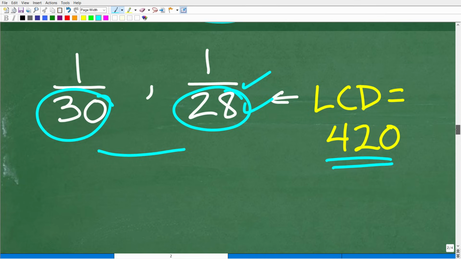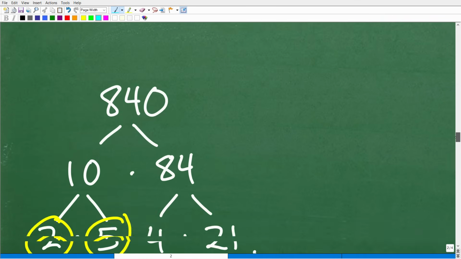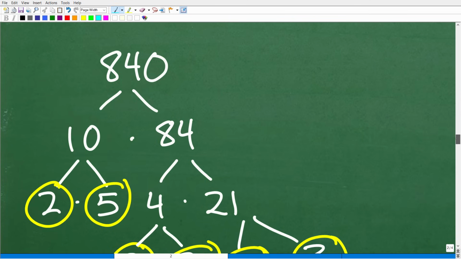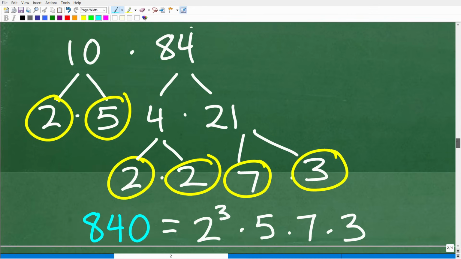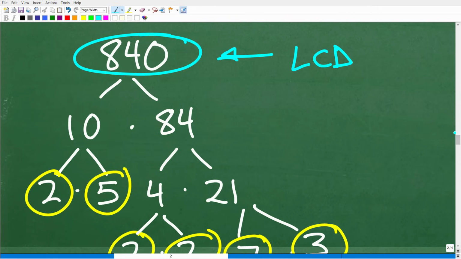All right, so what do we do? Well, we're going to have to go back to our lovely factor tree. Let's prime factor our LCD, which is 840. There are different ways to factor a number using prime factors, but I'm looking at 840, and two factors right off the bat are 10 times 84.